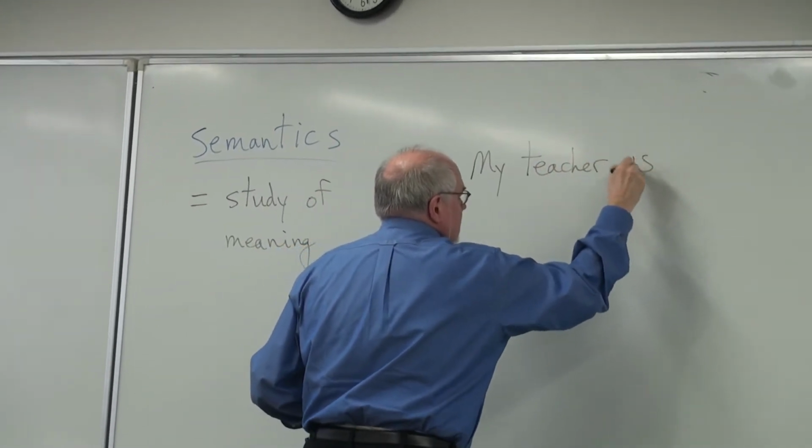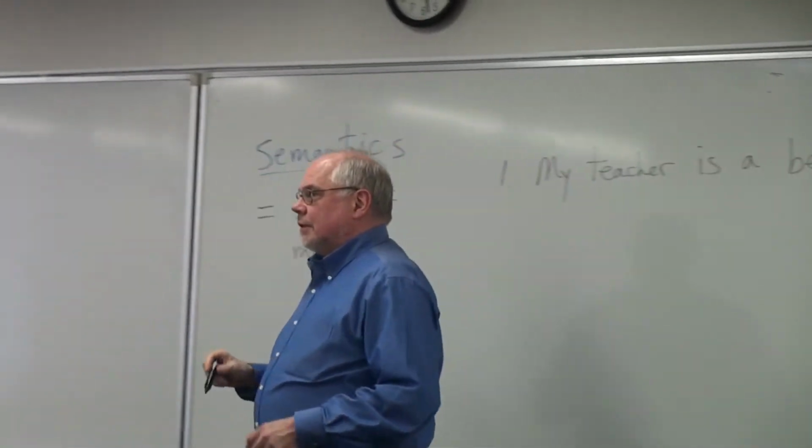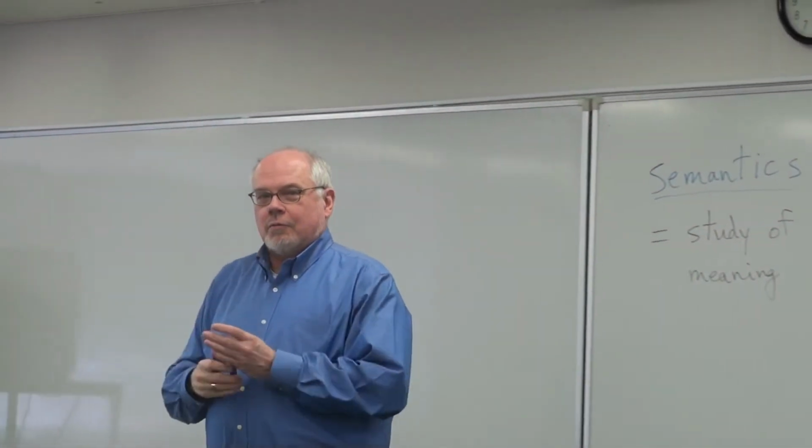My teacher is a bear. So what does the sentence mean? That's the first one. It means something like, my teacher is a large hairy animal that lives in a cave in Hokkaido and sleeps through the winter, right? Not really.